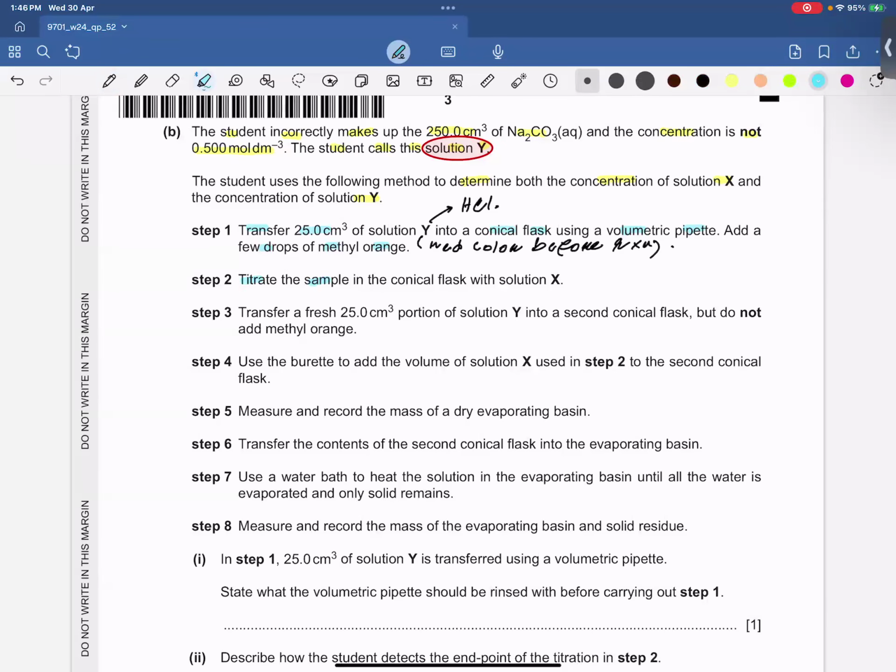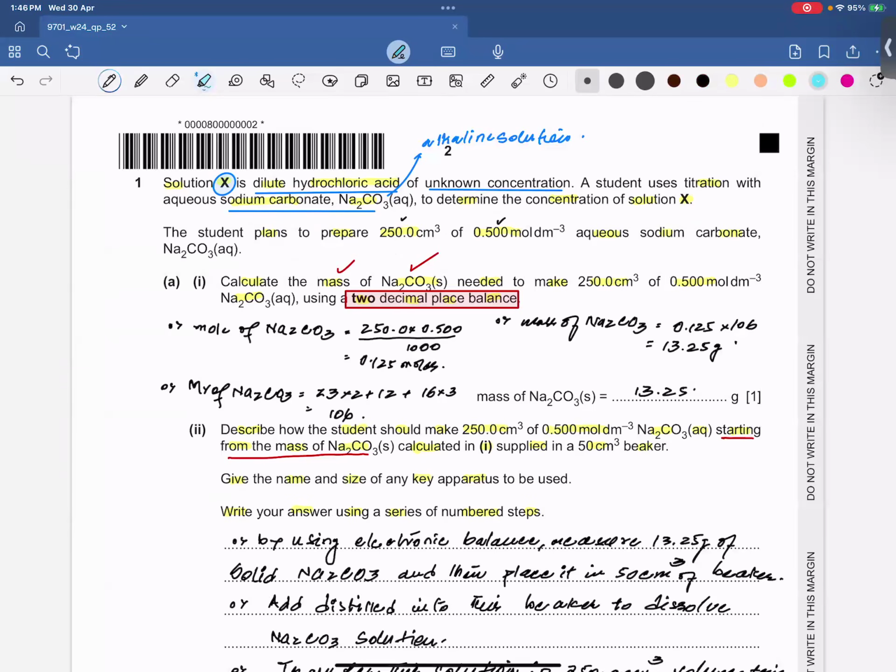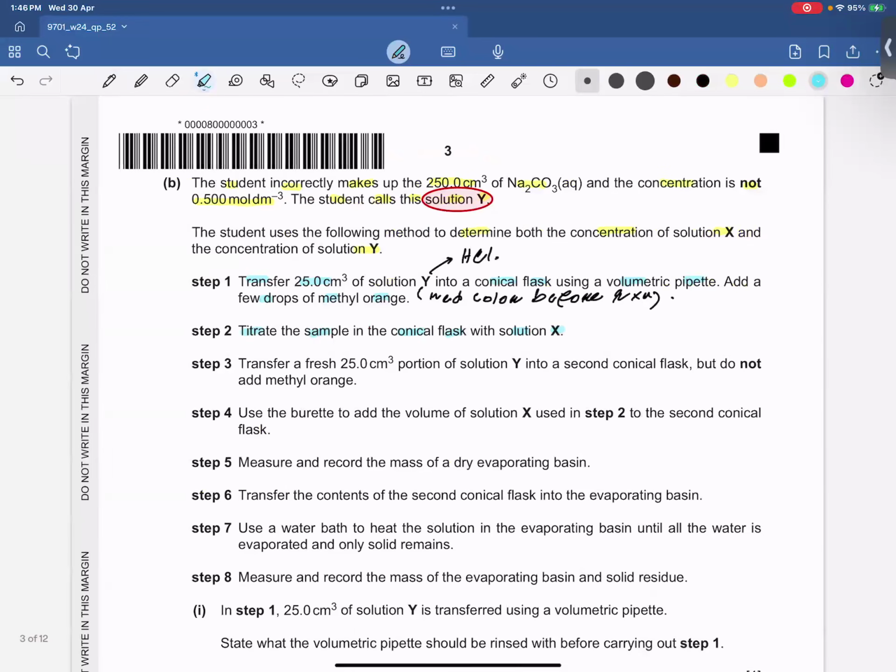Now titrate the sample in the conical flask with solution X. I think it's sodium carbonate solution.